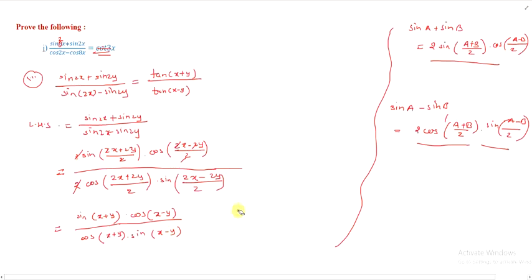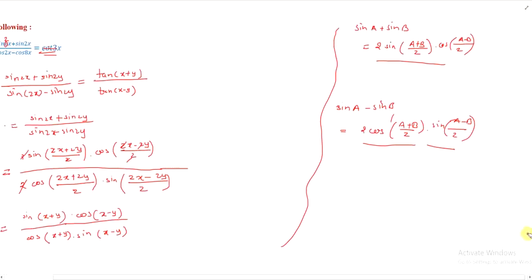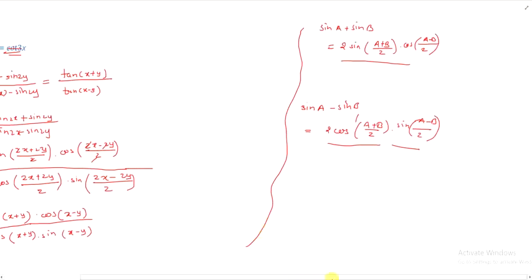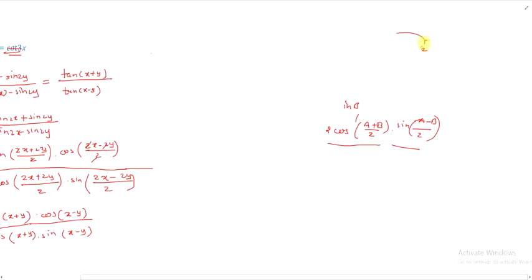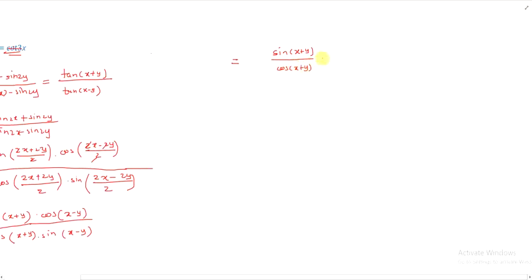So separately we can write these terms as cosine (x plus y) upon cos (x plus y) into cos (x minus y) upon sine (x minus y), that is sine upon cos.